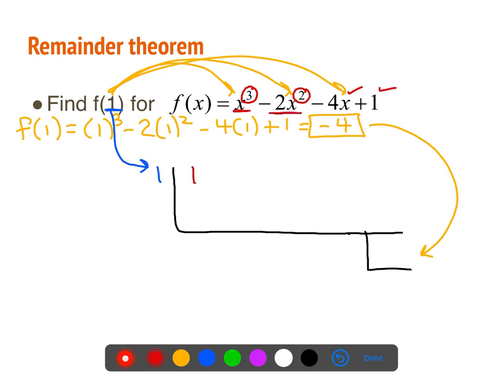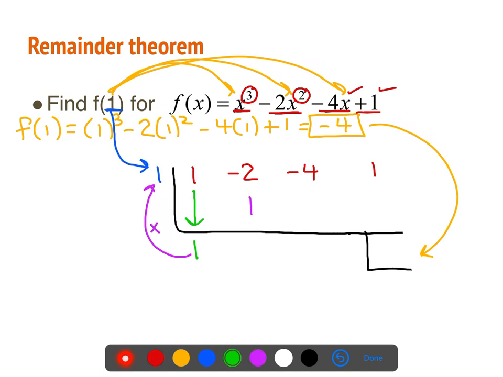That's what we hope. So I'm going to go across the top here. I've got cubed, squared, first power, constant. Nobody's missing and it's in order. So I'm going to put 1x cubed down, -2x squareds down, -4x's, and the number 1.